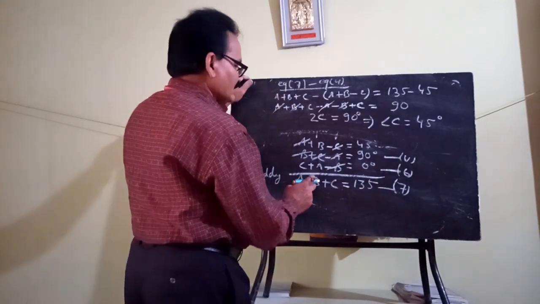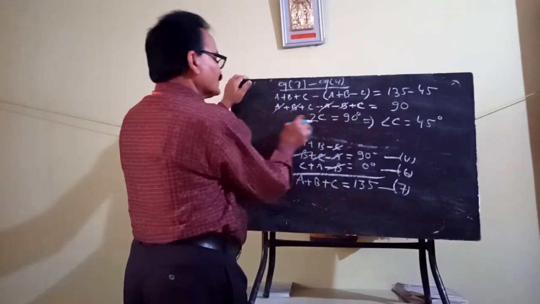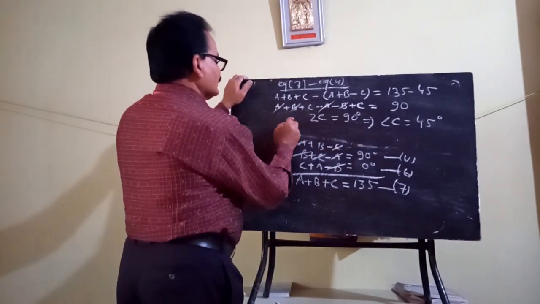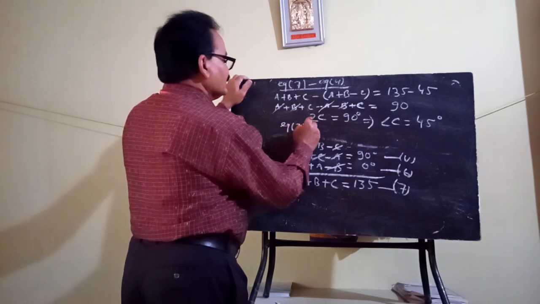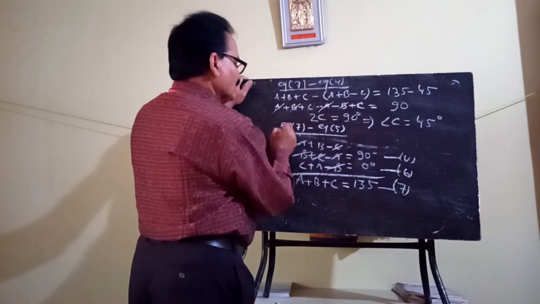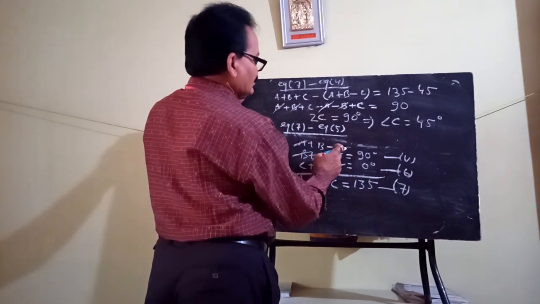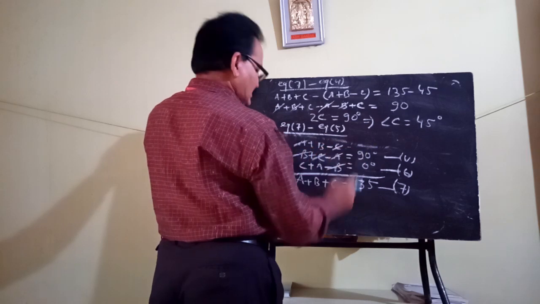Now subtract equation 5 from equation 7. Equation 5 is b plus c minus a equals 90.